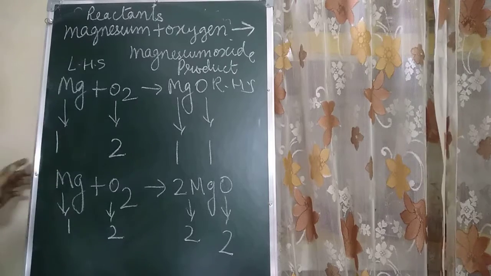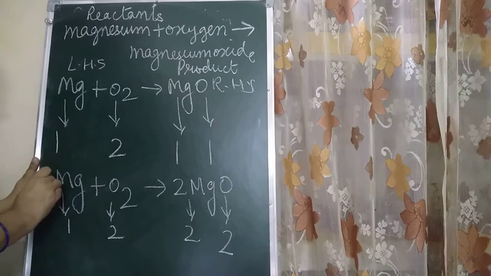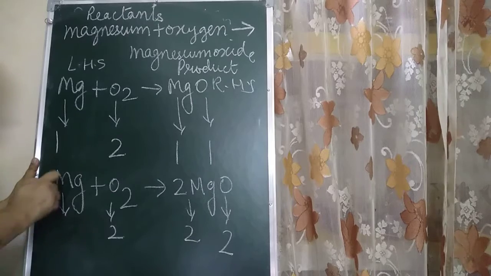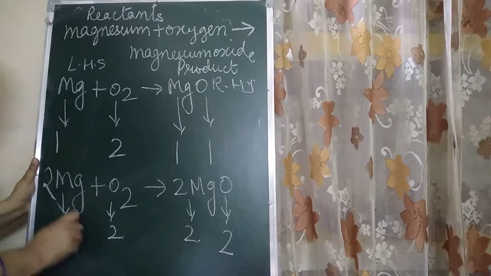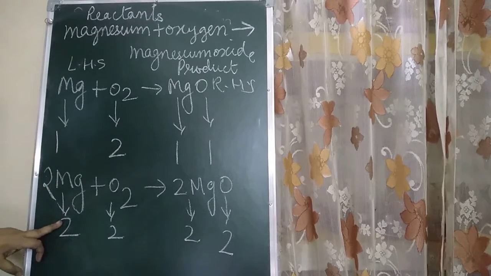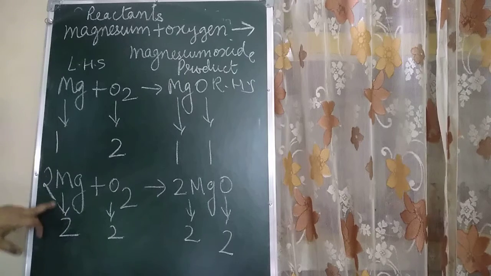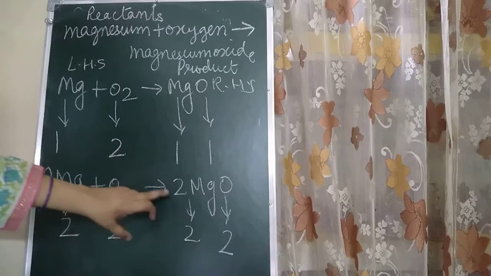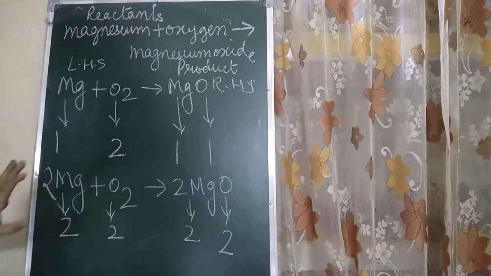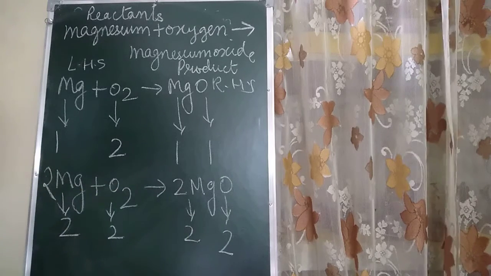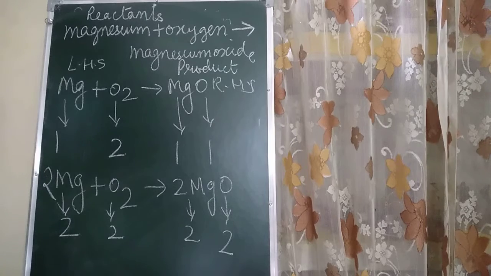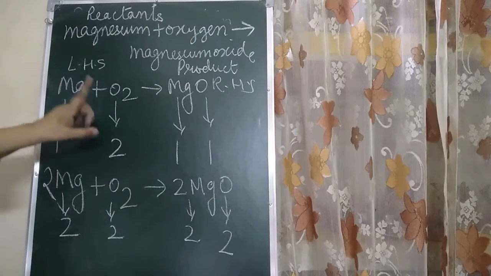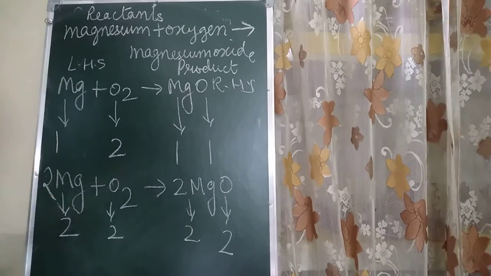Then the equation will be 2Mg on the left and 2 on the right, so the number of atoms will be 2. So the equation is 2Mg plus O2 gives 2MgO. This is the balanced chemical equation, children. So this is the method of balancing the equation. Thank you so much.